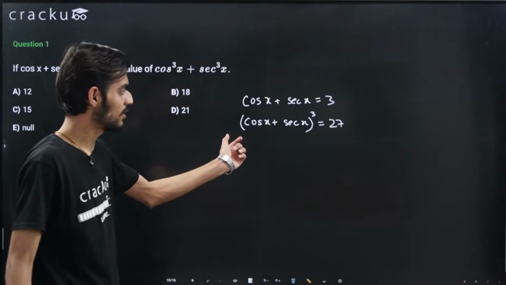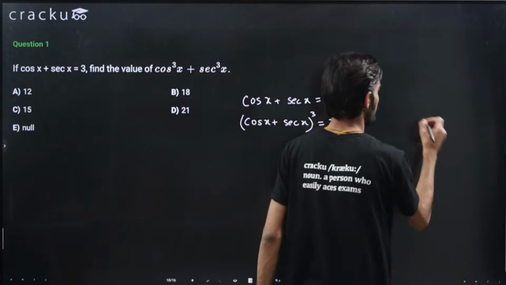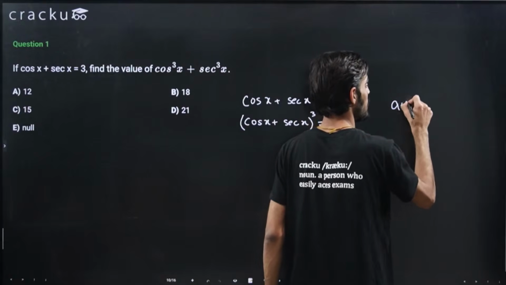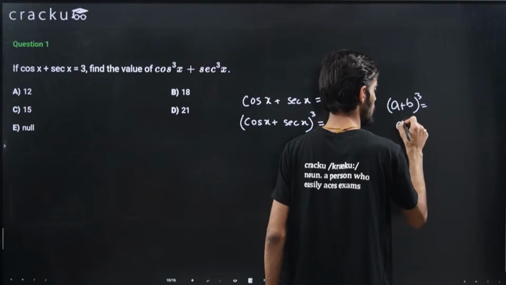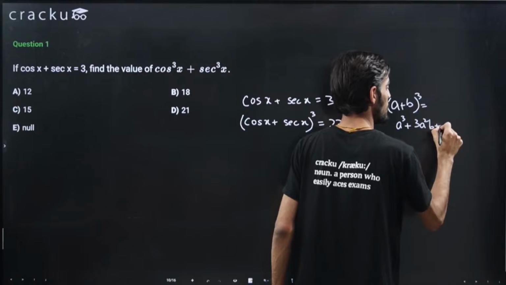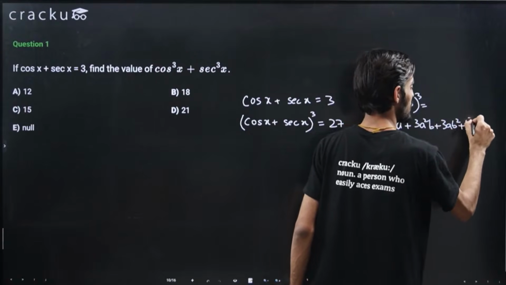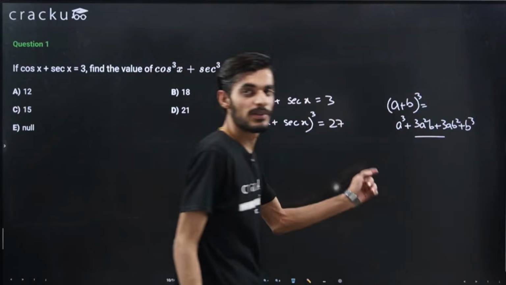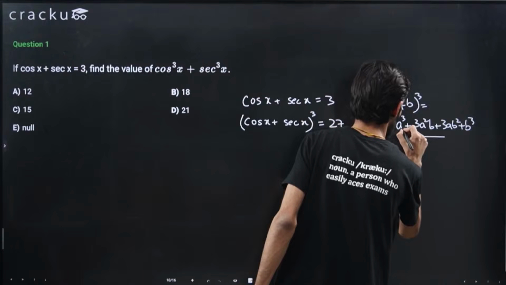I hope you know the formula of a plus b whole cube. Just for reference, a plus b whole cube will be equal to a cube plus 3a square b plus 3ab square plus b cube. If you do not know, then you can just remember this formula, and we will be using it.